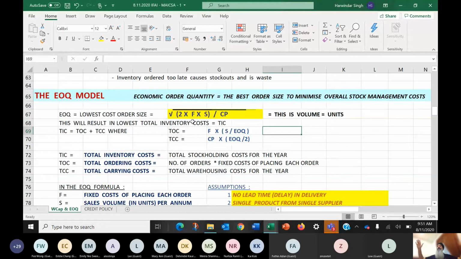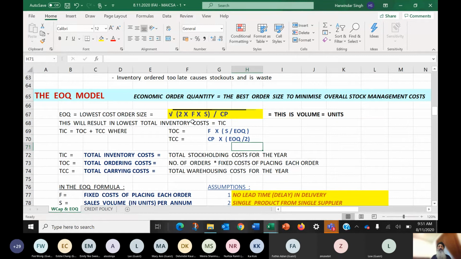So if total sales is say 360,000 and you order 10 times, then the total ordering cost will be 10 times multiplied by the fixed cost per order. And total carrying cost is simply CP, which I told you just now, the cost of holding 1 unit of stock for 1 year, multiplied by average stock. And average stock we take as EOQ divided by 2.